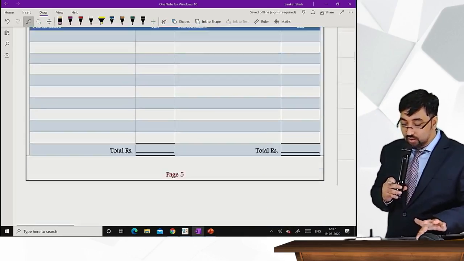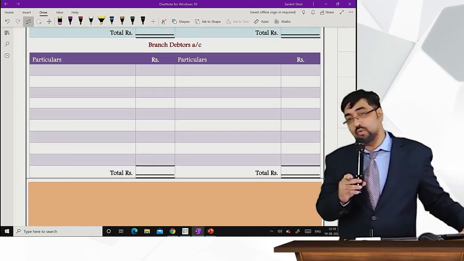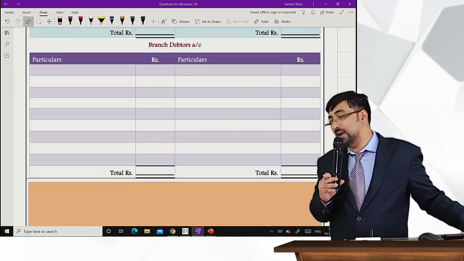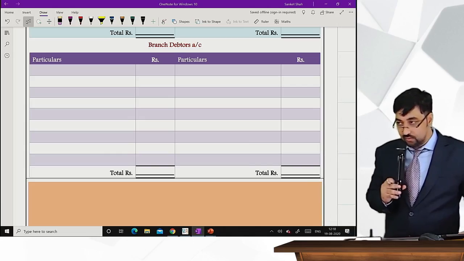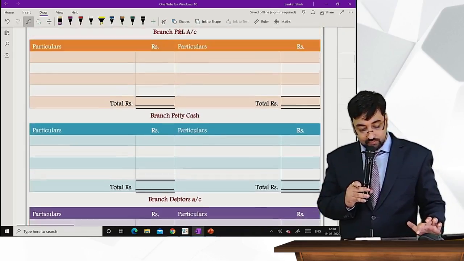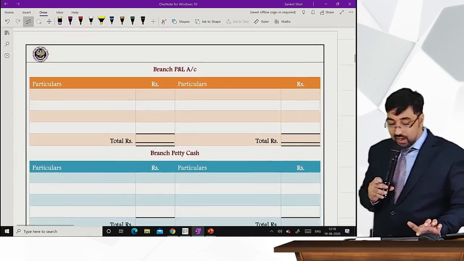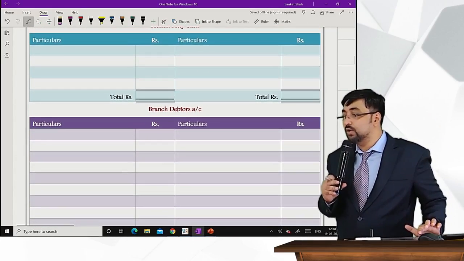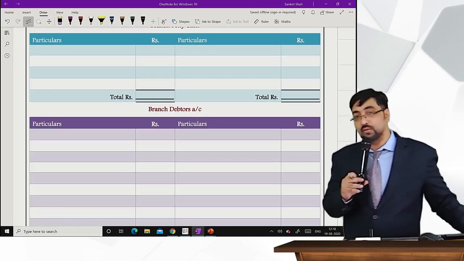Next account you can write debtors account. After that, 8 lines for debtors account, write down fast, don't waste time. Branch debtors account. Then write branch petty cash, 5 lines. Draw afterwards. I will give you time for drawing.